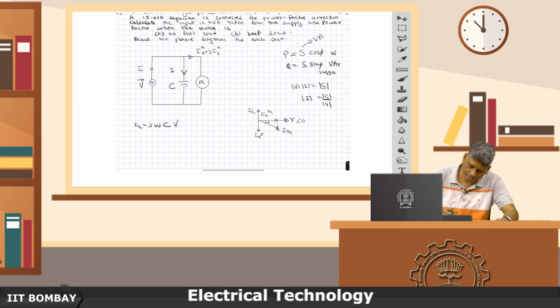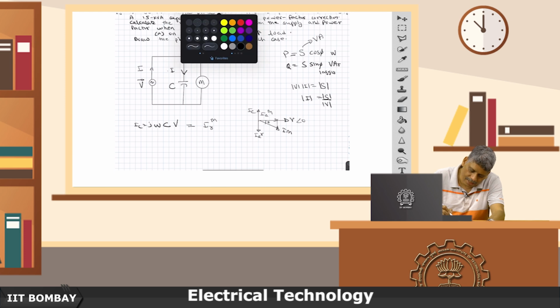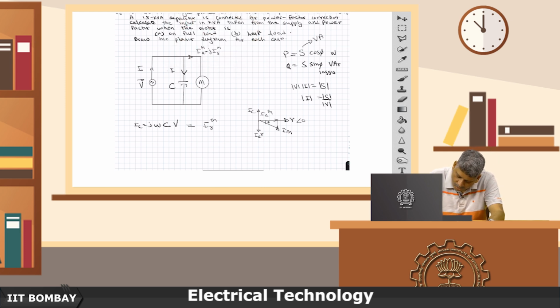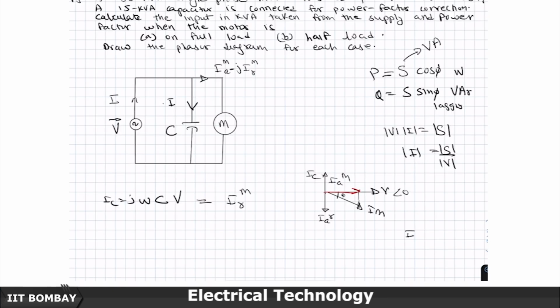So, if I make IC exactly equal to the magnitude of IMR, the reactive component of the motor current, then the net current would turn out to be only this value, that is, the net current will turn out to be only Im cos phi, which is obviously less than Im.